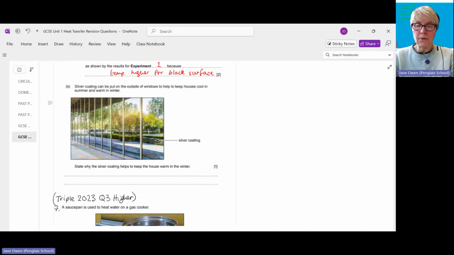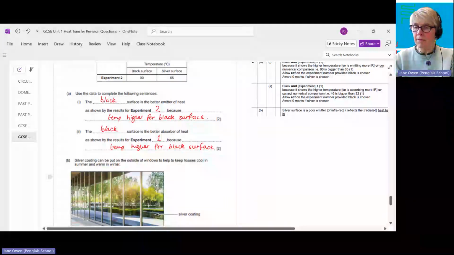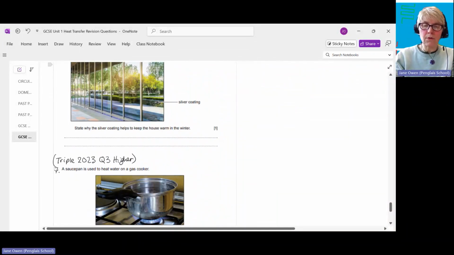Silver coating can be put on the outside of windows to help to keep houses cool in the summer and warm in the winter. State why the silver coating helps to keep the house warm in the winter. Now watch for this.